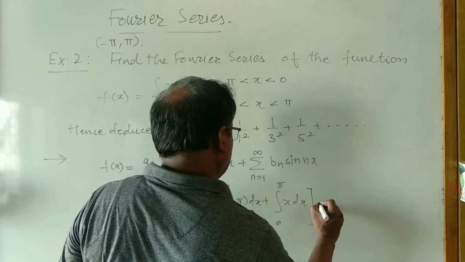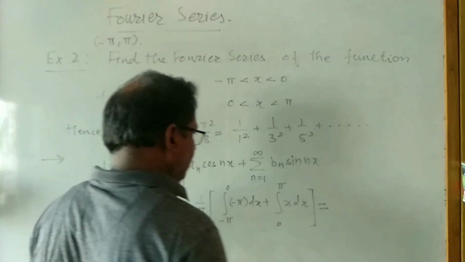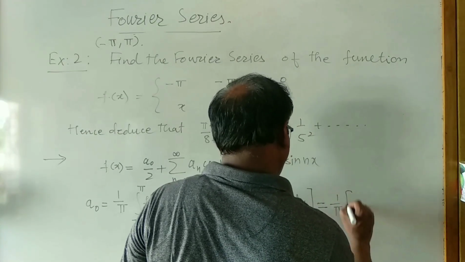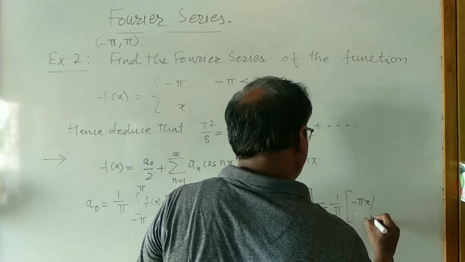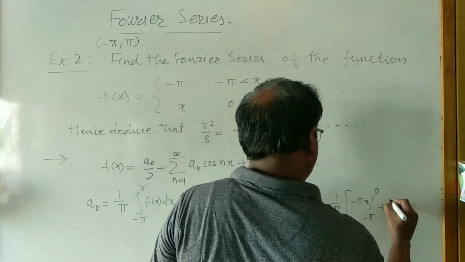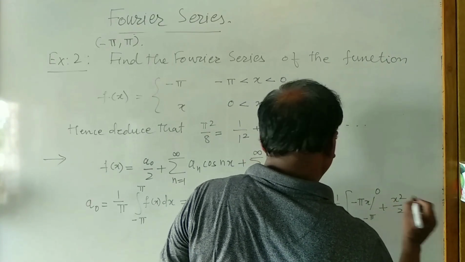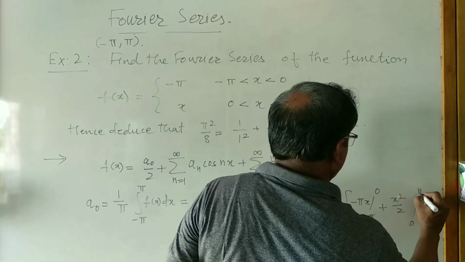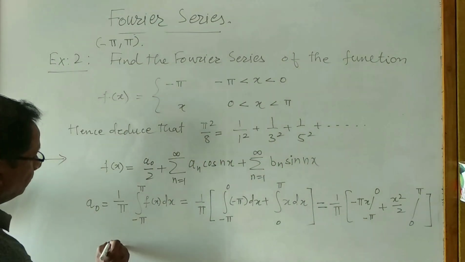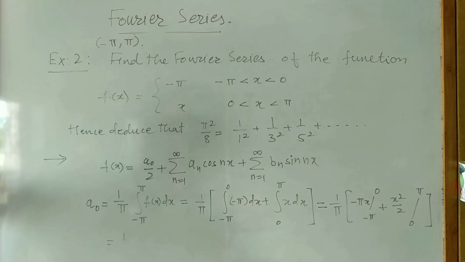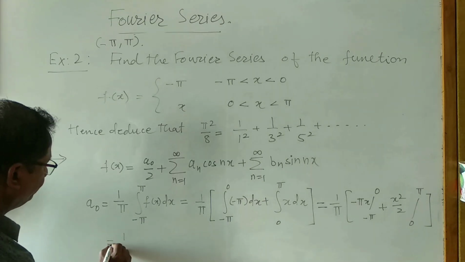Solving these integrals and simplifying, we will find 1 upon pi, this is minus pi x within the limit minus pi to 0 plus x square by 2 within the limit 0 to pi. So putting these limits and simplifying, we get 1 upon pi.